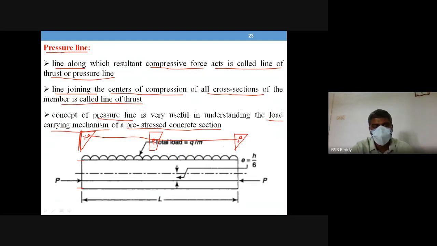A pressure line is nothing but a line joining the centers of compression of all cross sections.